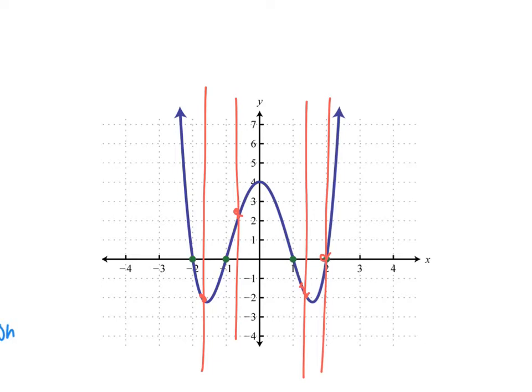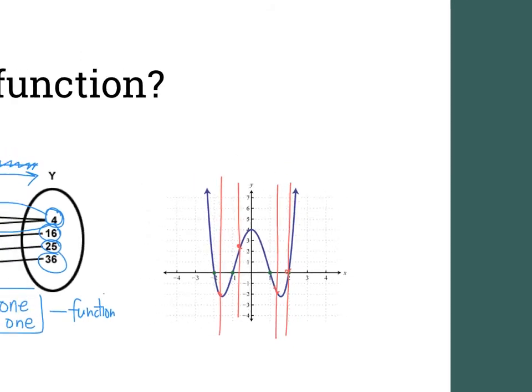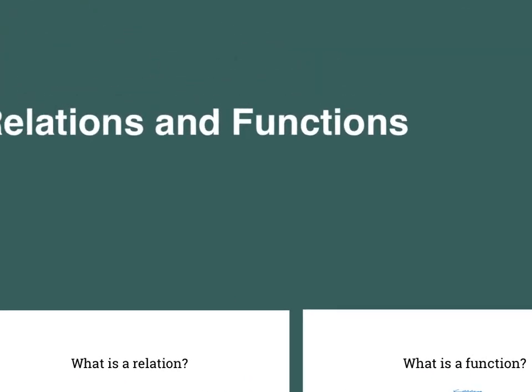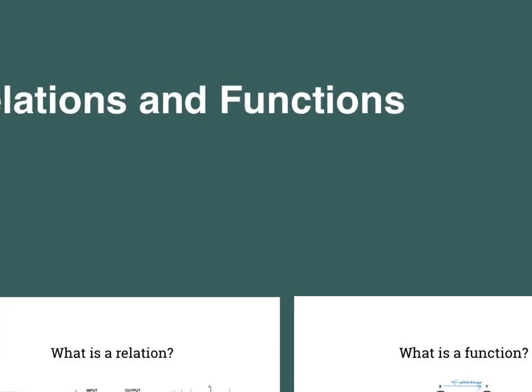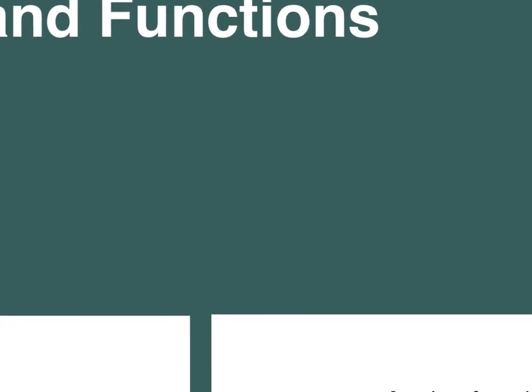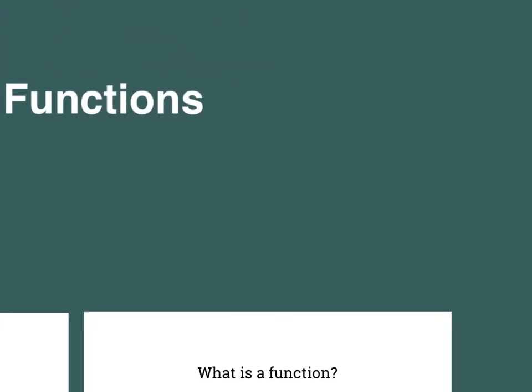And clearly, this graph shows that the relation being described is an example of a function. So that's the basic idea of a function. A function is a relation where each element in the domain is related to only one value in the range by some rule.